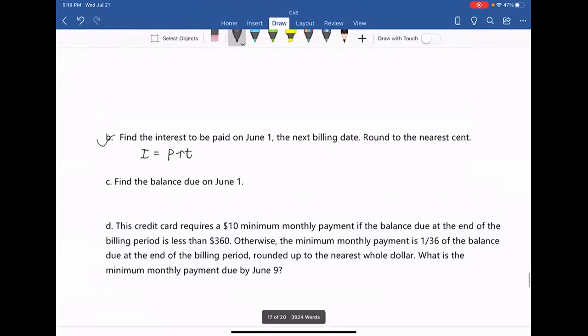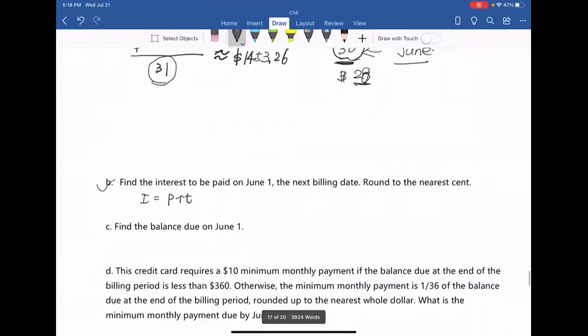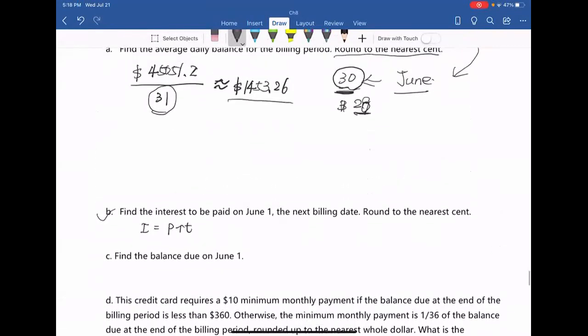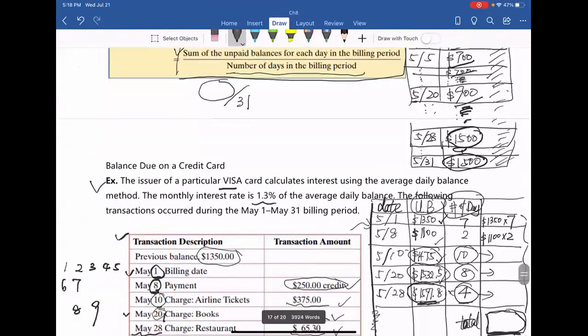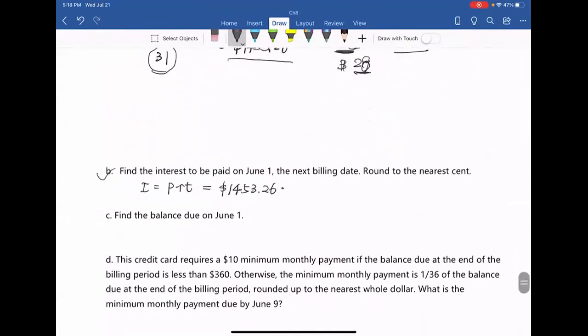The P we have found here. So we plug in the P, 1453.26 times the R. I think the R is provided in the question. Oh, it's 1.3%.